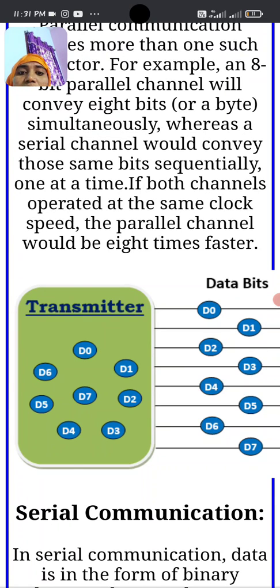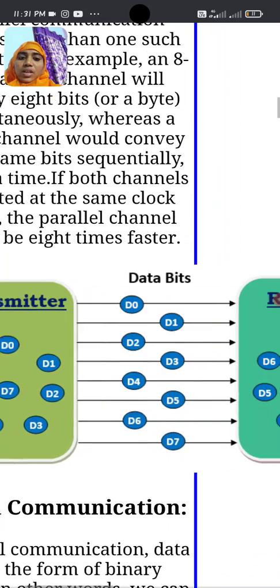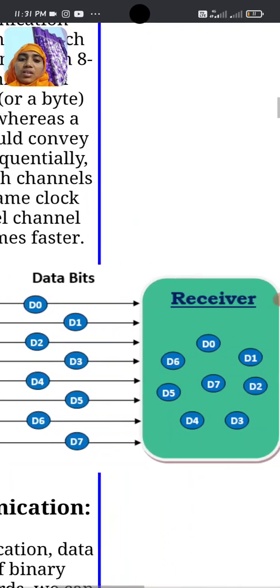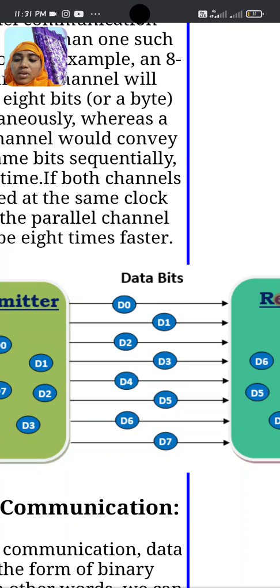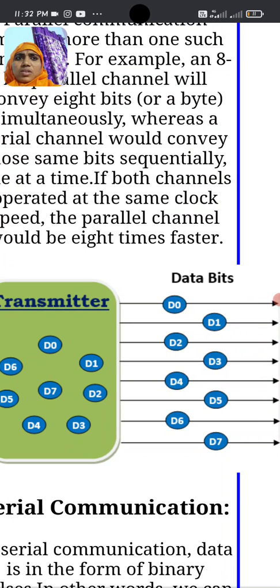The main advantage of parallel communication is that it is very fast compared to serial communication, because whatever data we want to send, we can send within one clock pulse. If we want to transfer 8 bits, we have 8 wires in parallel communication. So it is very fast.